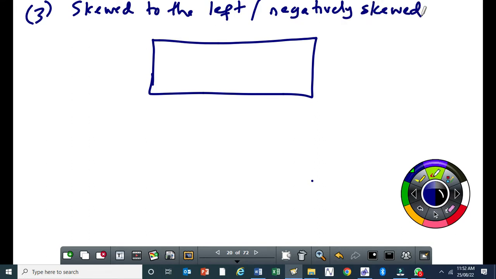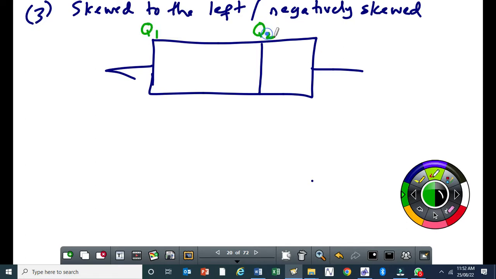In that case, the median will be very close to the upper quartile. So you have a scenario which looks like this: you have your Q1 here, then Q2 there, and then Q3.